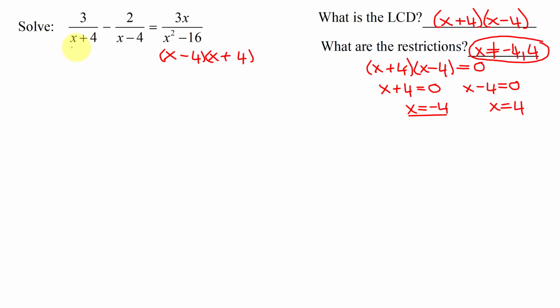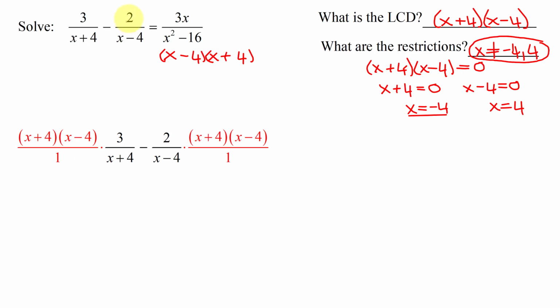Next, I need to multiply every single term in the equation by the LCD. Since all these terms are fractions, I'm going to turn my LCD into a fraction by dividing it by 1. So here is the first term of 3 divided by x plus 4 multiplied by the LCD of x plus 4 times x minus 4, all divided by 1.